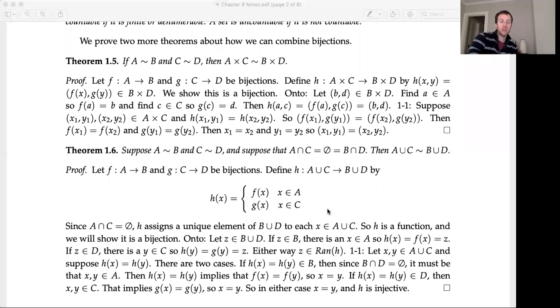With the function being, take something in A union C. If it's in A, apply F, because F sends things from A to B. If you have something in C, apply G to it, because G sends things from C to D. And this works. You're pairing up the A half with the B half, the C half with the D half, and because they're disjoint, this pairing up actually works.